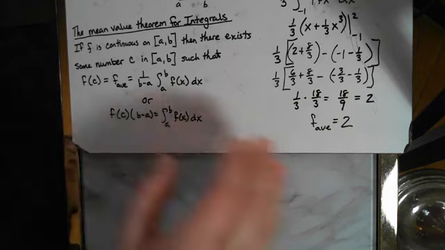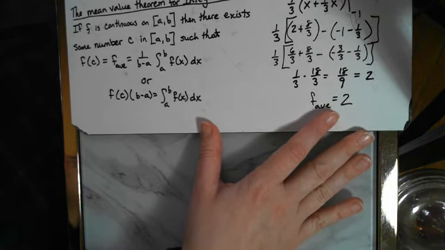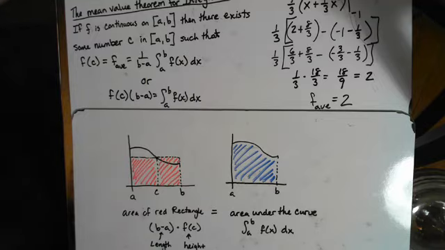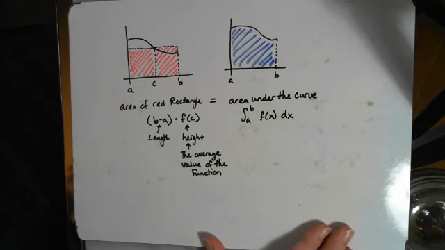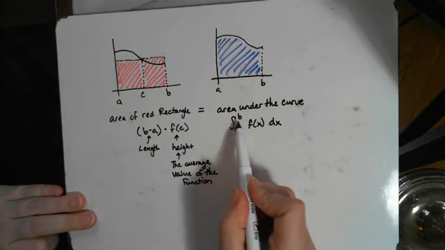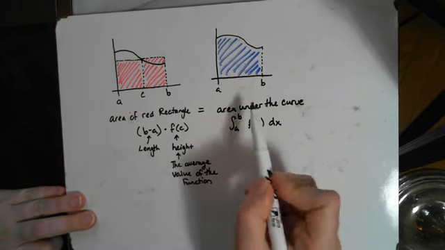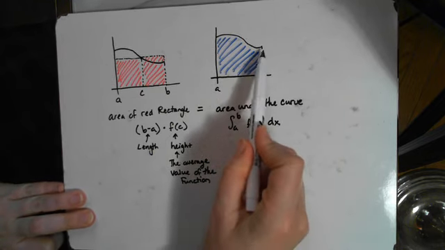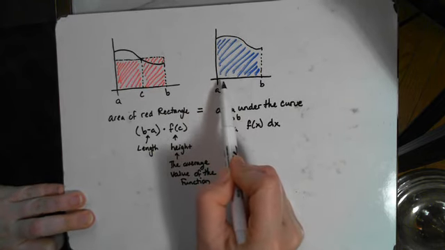Now let's take a look at what that would mean for us graphically, because that helps to think of it in graphical representations. Remember, the integral from a to b of f of x dx is literally the area under the curve, this blue shaded region here.